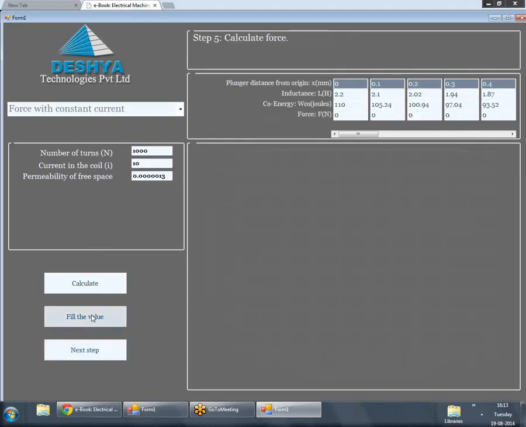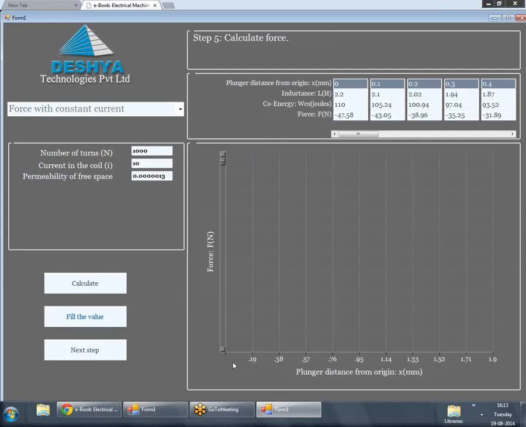Then we calculate the co-energy, and then we calculate the force. Unfortunately, due to scaling, I can't have the exact figure of the force on my screen, but one can check here. It is minus 47.58, the first value, and minus 43.05, the second value.